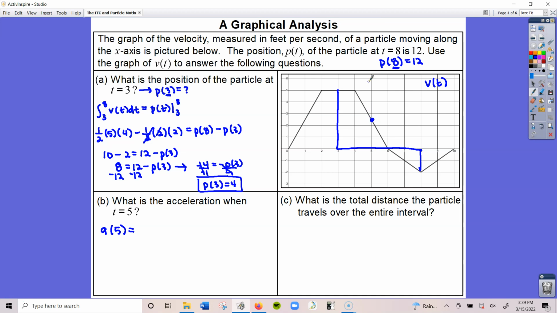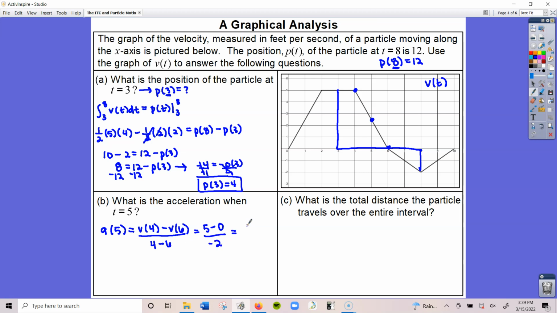Now you can use your slope formula, right? This would be v of 4, the point to the left, minus v of 6, the point to the right, all over 4 minus 6. V of 4 is 5, minus v of 6 is 0, over 4 minus 6, which is negative 2.